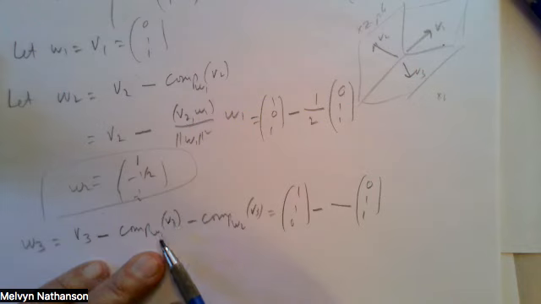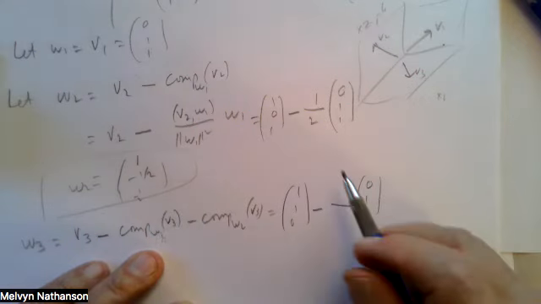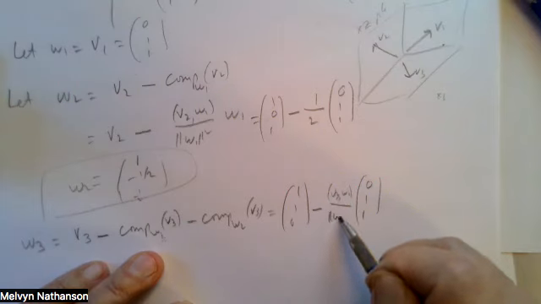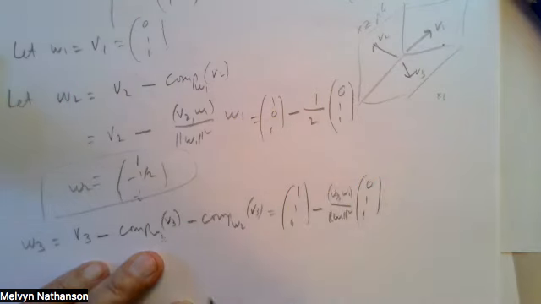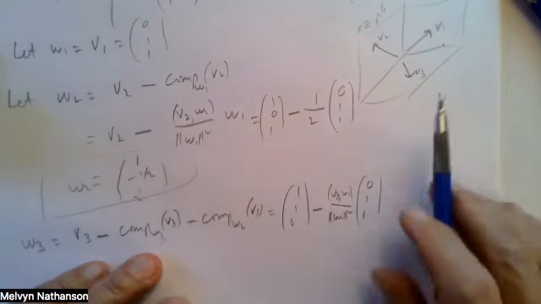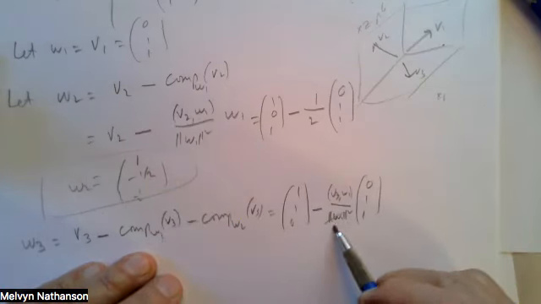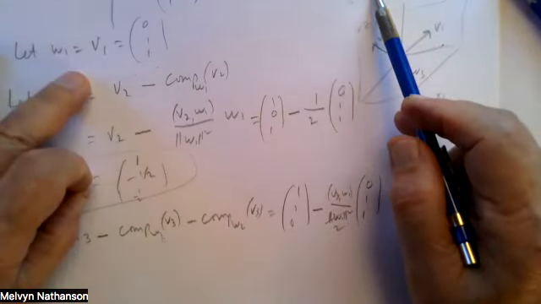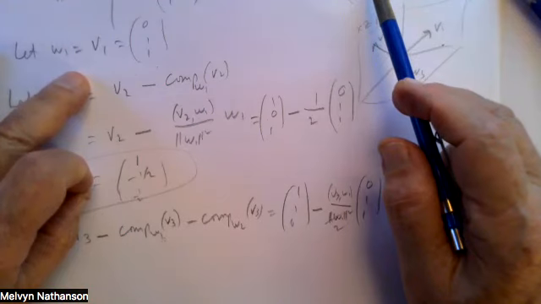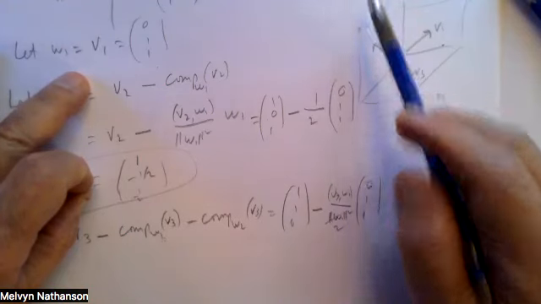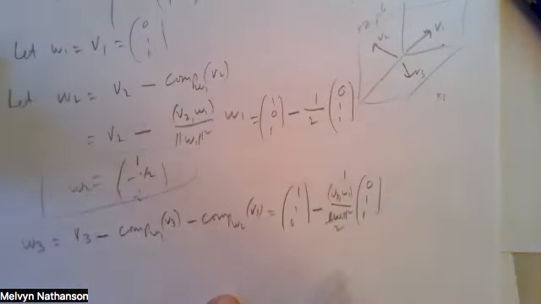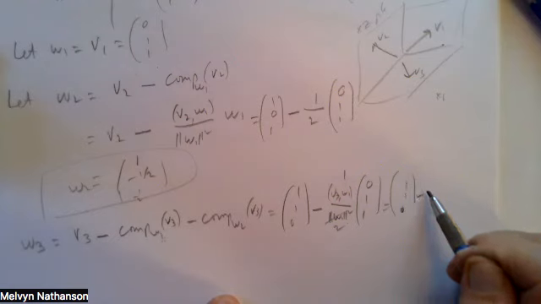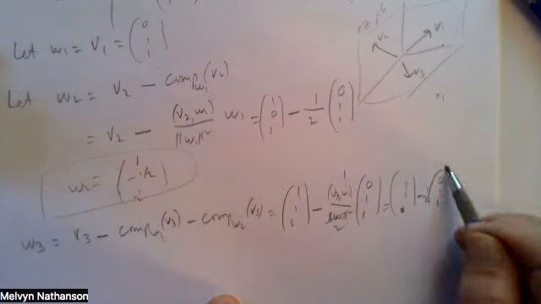And the component of V3 in the direction of W1 is the inner product of V3 and W1 over the length of W1 squared. The length of W1 squared is 2, and the inner product of V3 and W1 is 0, 1, 0, which is 1. So I get 1, 1, 0 minus a half, 0, 1, 1.